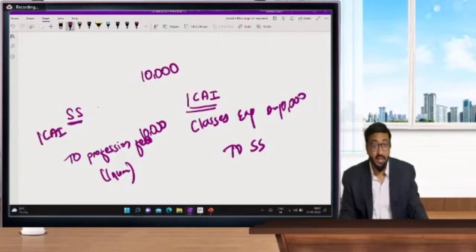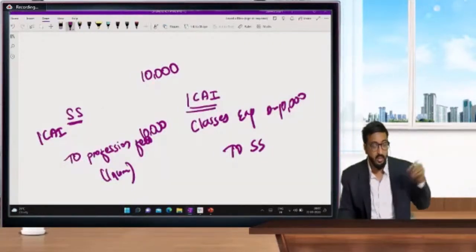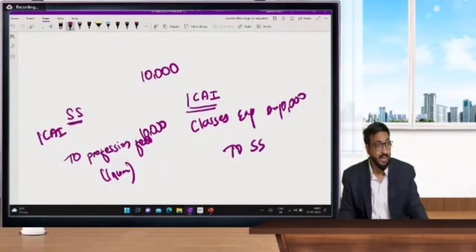It is mandatory. Now income tax department has made a provision of tax deductible at source. Logic is very simple. Now I will get the income and then I will pay tax at the year end. It might happen that I evade tax.